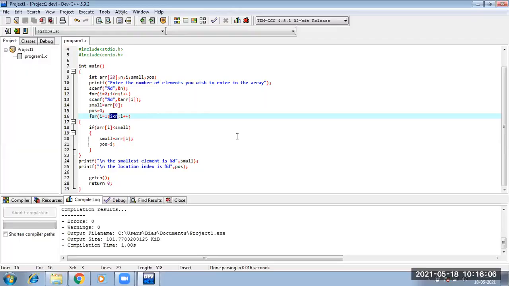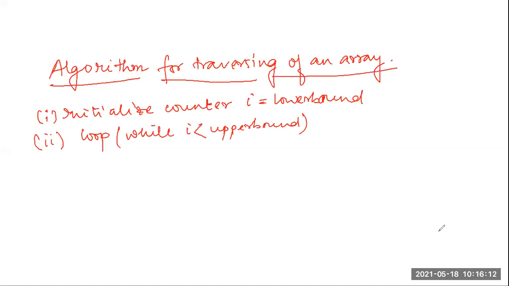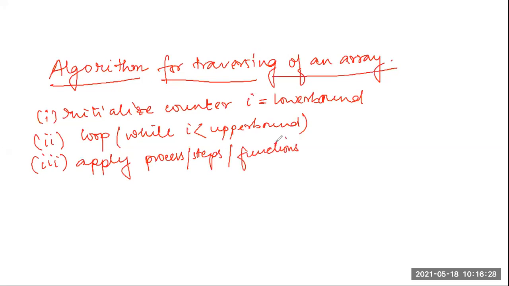So to implement it in the algorithm, after checking, I apply the process or steps or functions, whatever you need to do on our array, right?